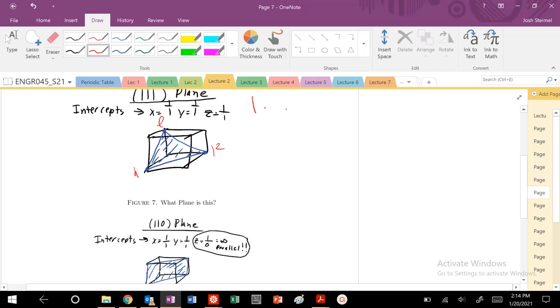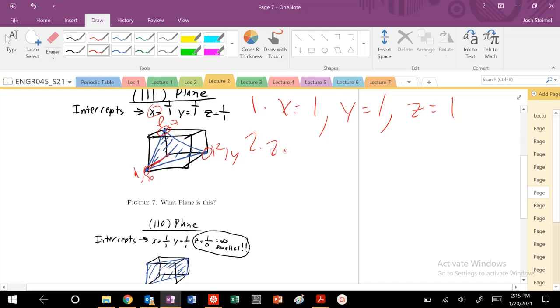I'm going to use X, Y, Z notation because I want to make clear what our intercepts are and what our HKL indices are. I can clearly see that this plane is intersecting X at 1. So my X-intercept is 1. My Y-intercept here is also 1, where I'm intersecting my plane right here. And my Z-intercept is 1 as well.